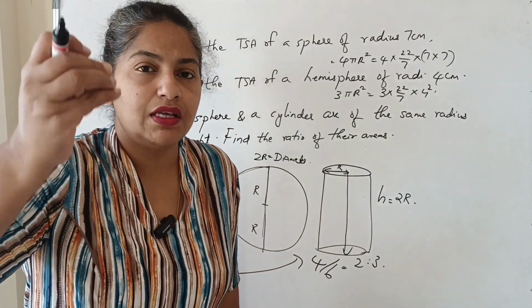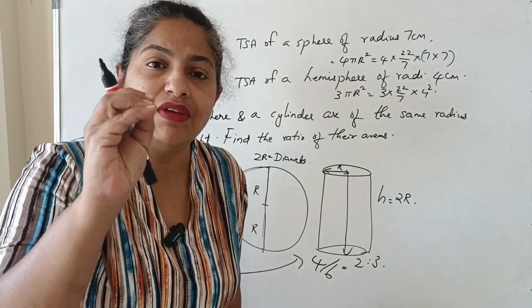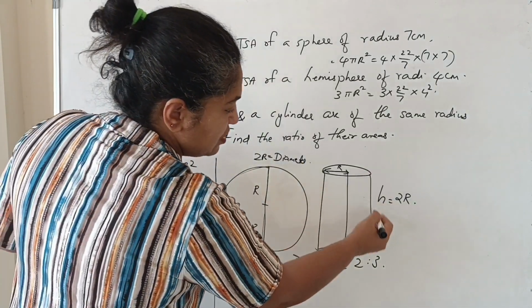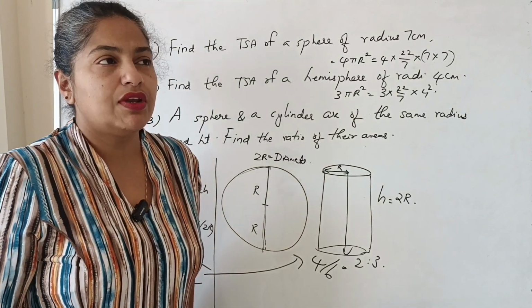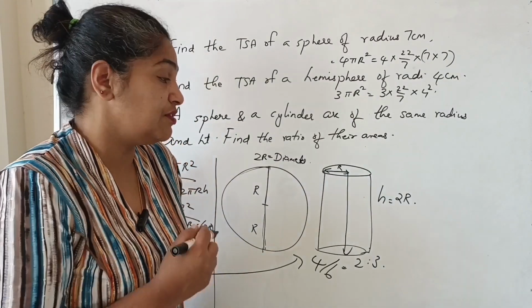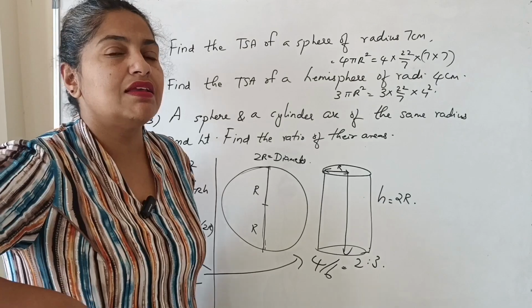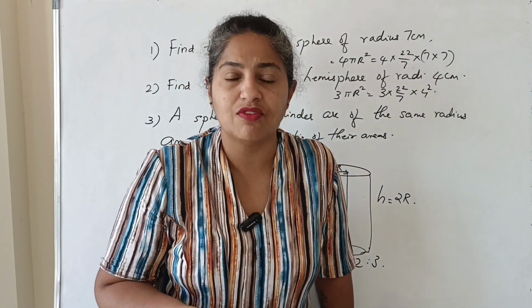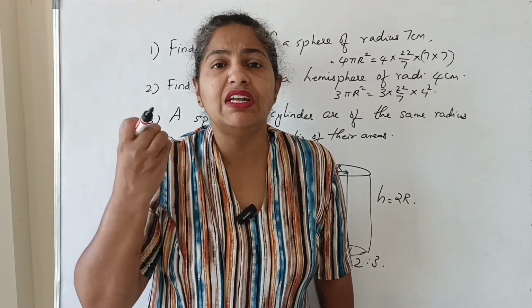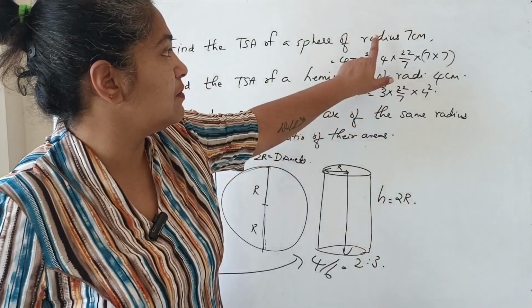Now the important point in this sum is to understand that the height of the cylinder is actually equal to the diameter of the sphere. If you are having a doubt like that, if you are not able to figure it out, draw the diagram and see. That is the reason I always make my students draw rough diagrams whenever we are doing a sum, even if it is a very basic sum like this.